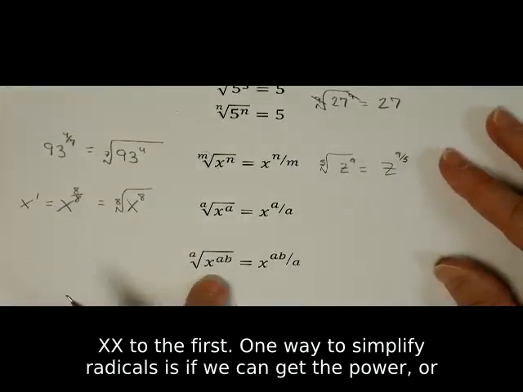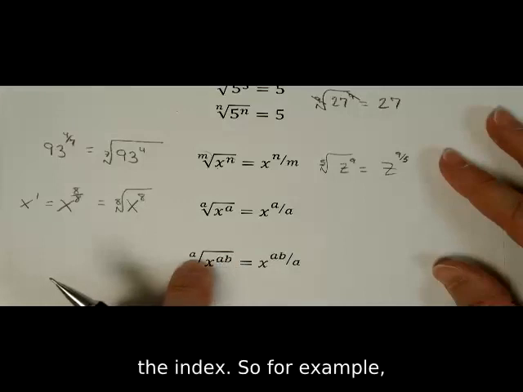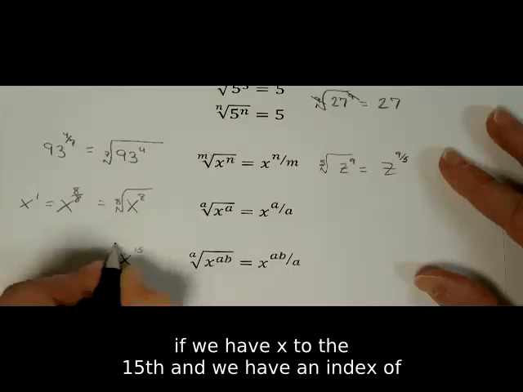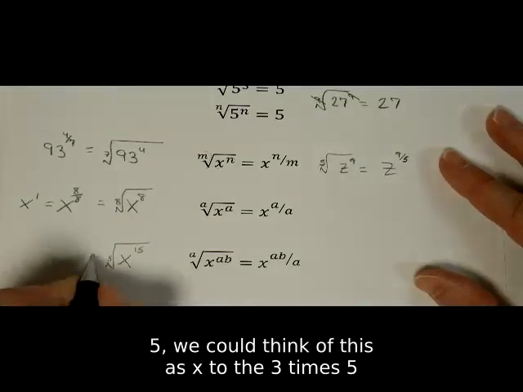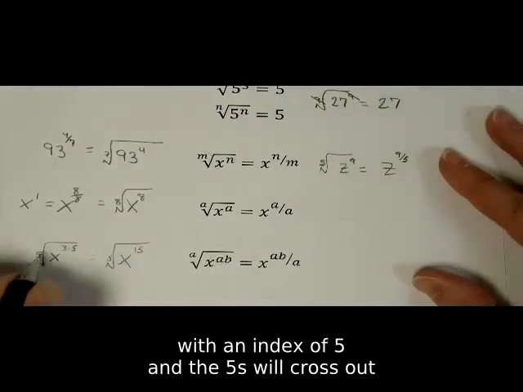Now, one way to simplify radicals is if the power is a multiple of the index. For example, if we have x to the 15th and an index of 5, we could think of this as x to the 3 times 5, with an index of 5.